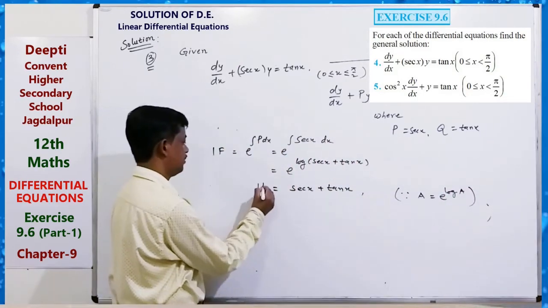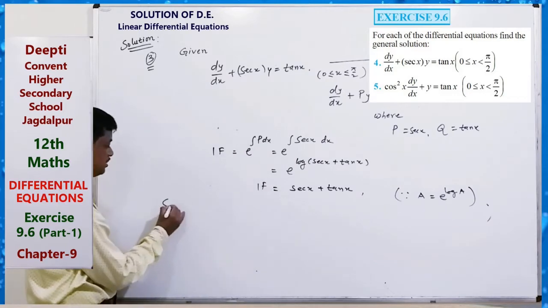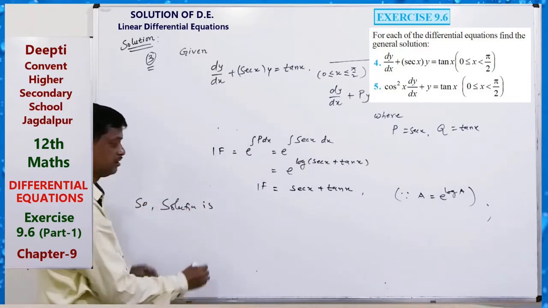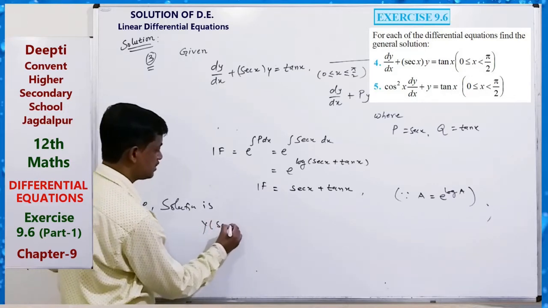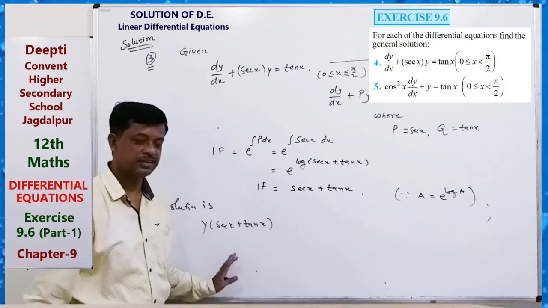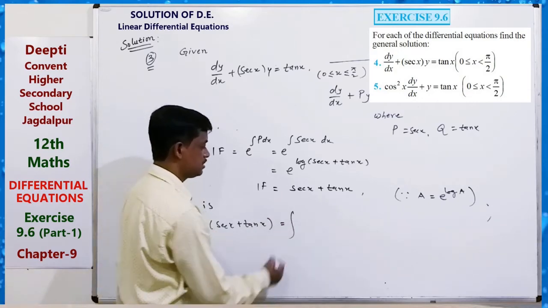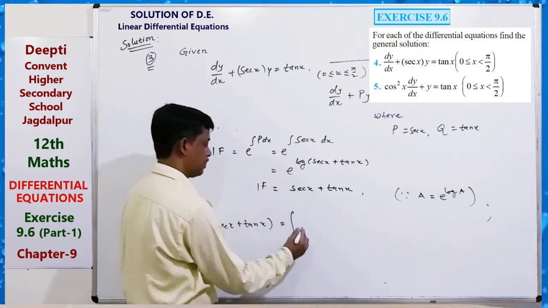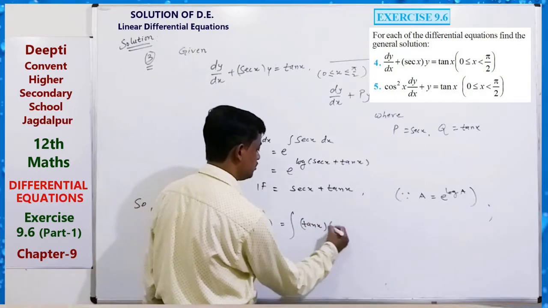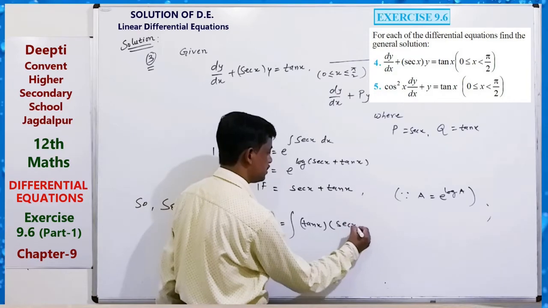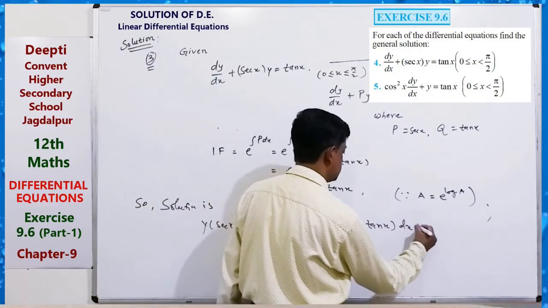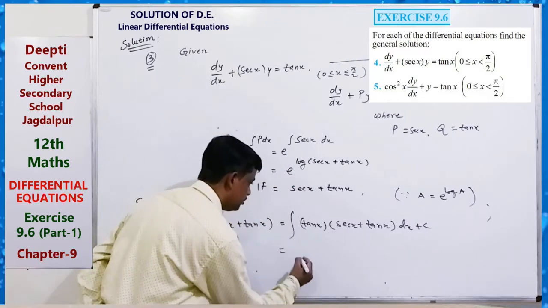This is IF. So the solution is y into sec x plus tan x equals integration of Q into IF, that is tan x into sec x plus tan x dx plus C. Now you can do it.